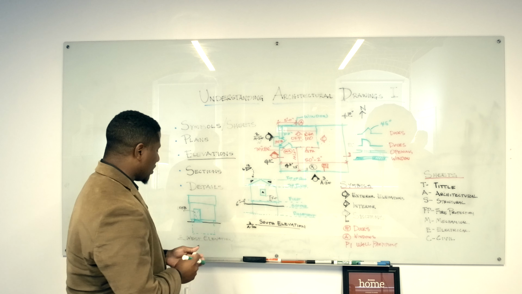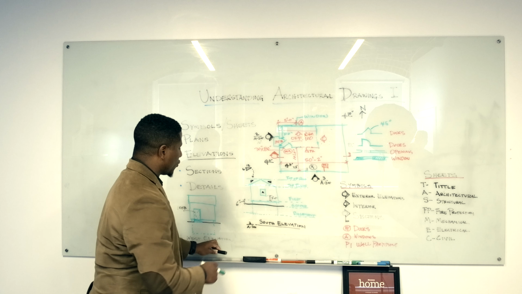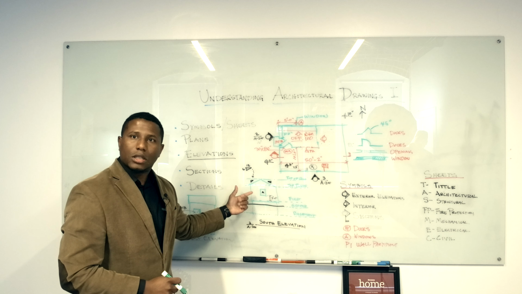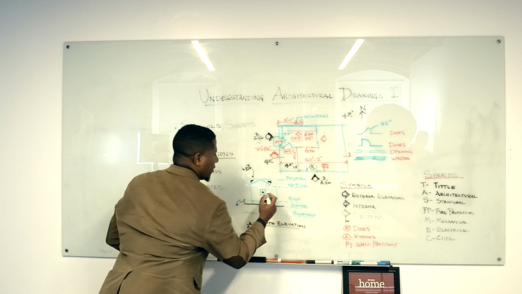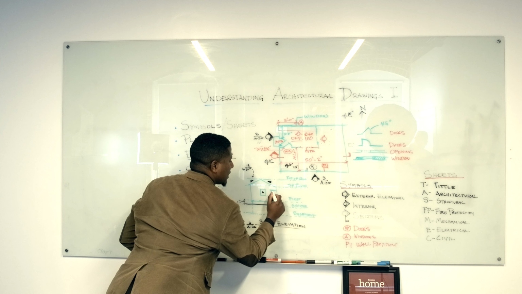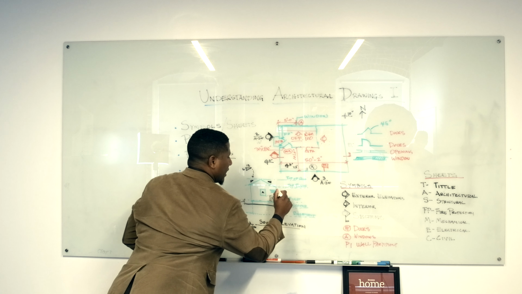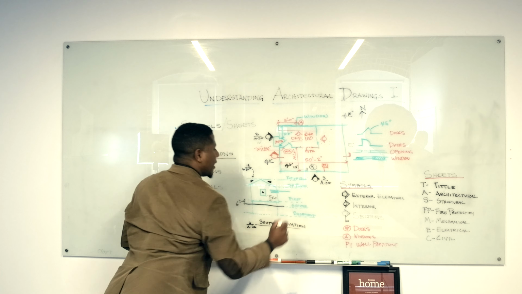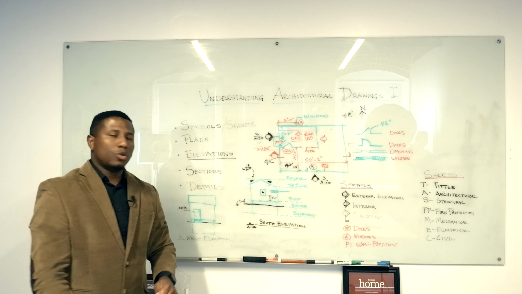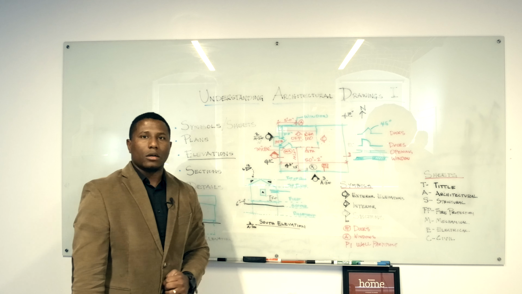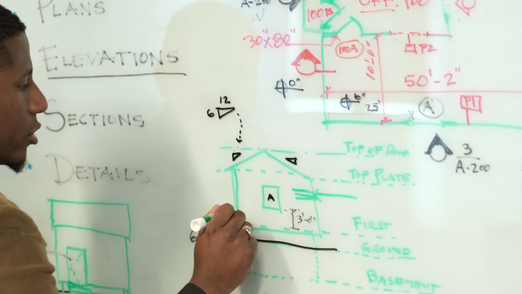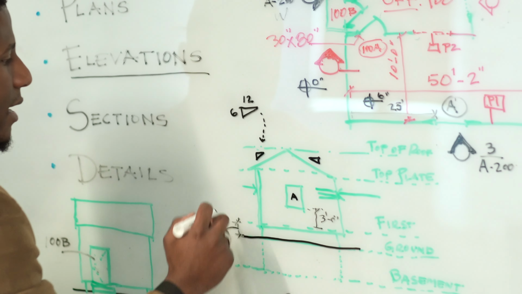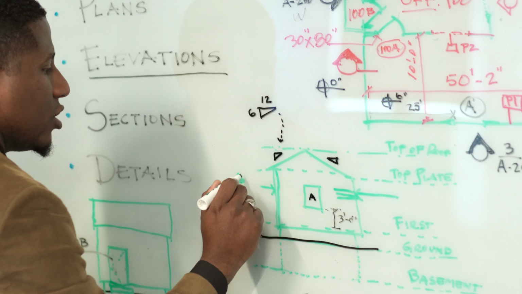Other things that you will see in the exterior elevations is the materials for this building. So for example, if you have siding, you will get information about that siding. Hey, I'm trying to do a clapboard, or I have a trim on the corner that is, let's say, 6 inches.